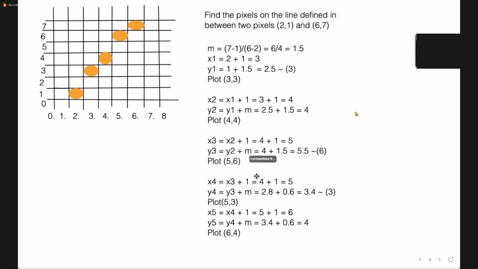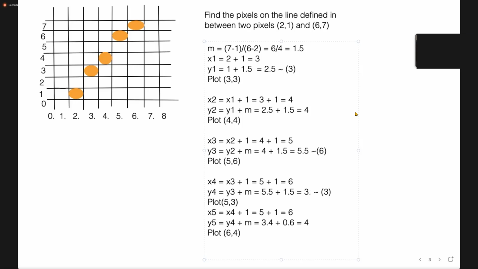Then the last one. x4 is x3 plus 1, x3 here is 5, 5 plus 1 is 6. That is the last point. 6, 7. We should get 7 here. y3 plus m, y3 is 5.5, and here 1.5.